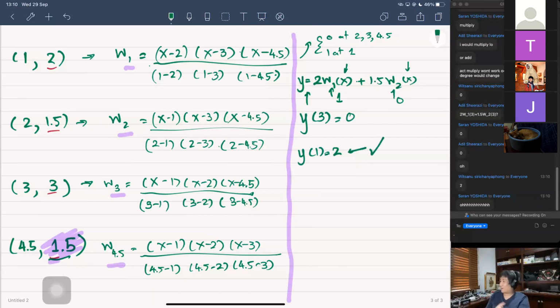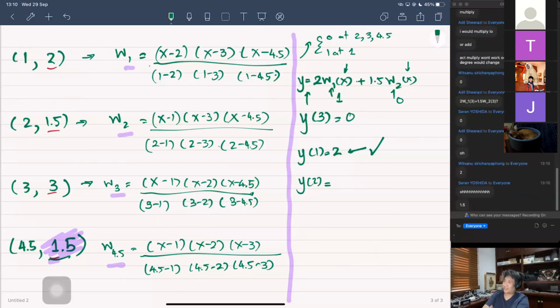Not only that, you can try y of 2. It's 1.5, because W1 at 2 is 0 and W2 at 2 is 1. So you get exactly 1.5, which is correct.